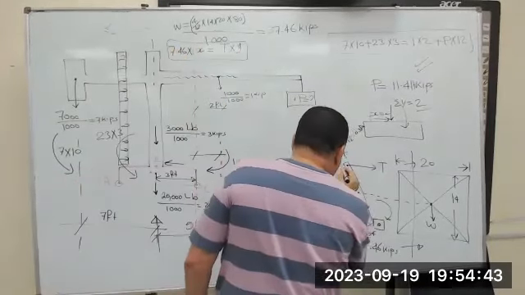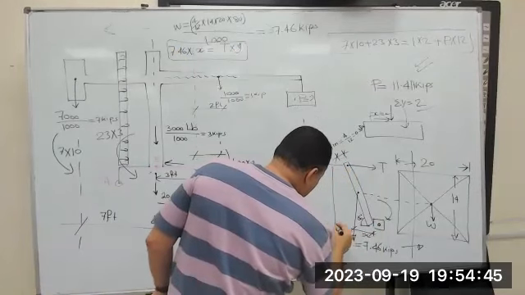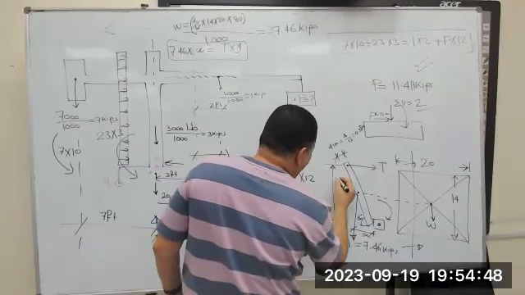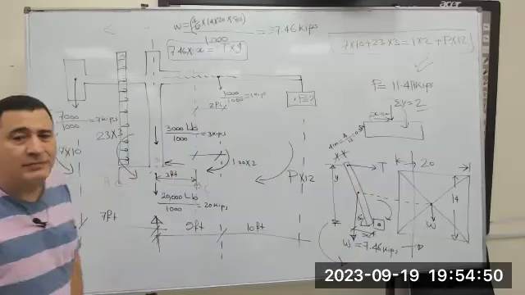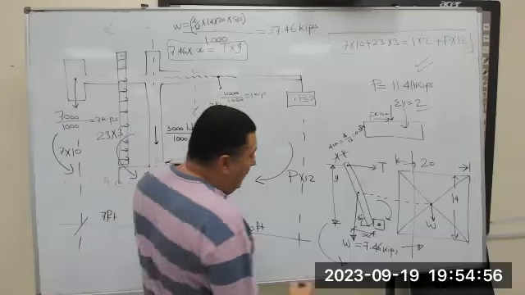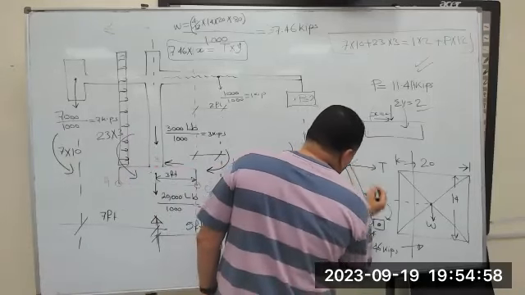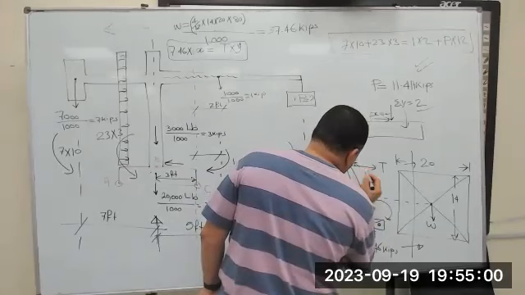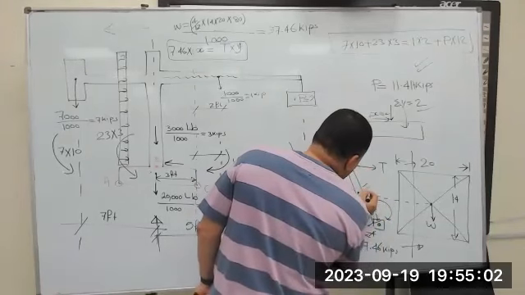Ly is the distance from here down. This is Ly. Ly equals 14? No, it's not equal to 14. Yes, this is 14 now.